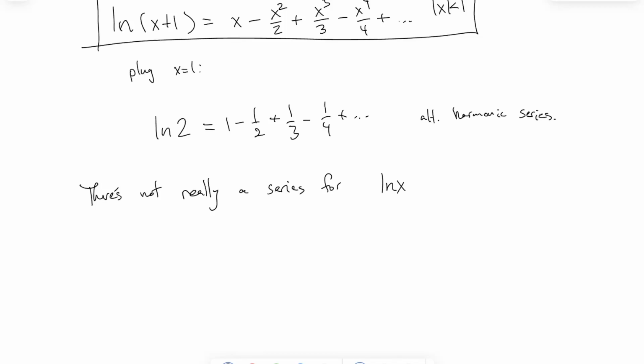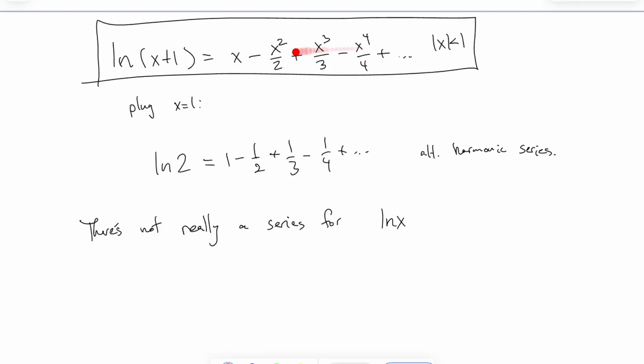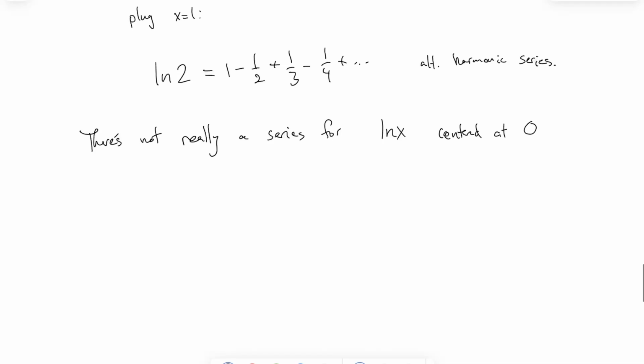Why not? It's because such a series, remember we've talked about power series, always has some interval of convergence. And since I'm writing the series like this, these are series centered at 0. So technically what I mean is there's not really a series for ln of x centered at 0. If you think about what the graph of ln x looks like, you will immediately realize that such a thing would not be possible.